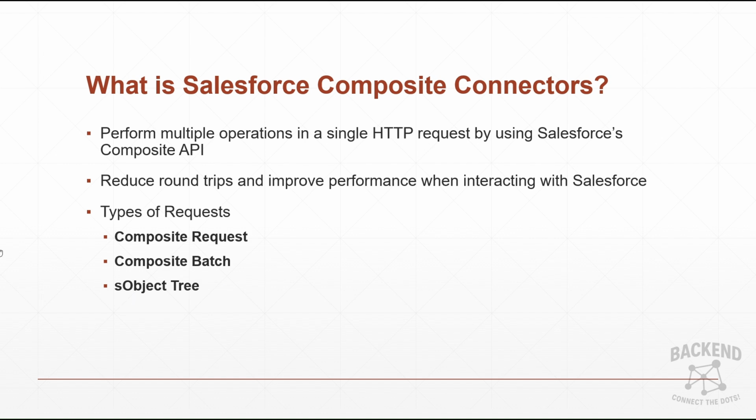The composite connector is mainly divided into three types. One is the composite request, the other is composite batch, and the third is the sObject tree structure.